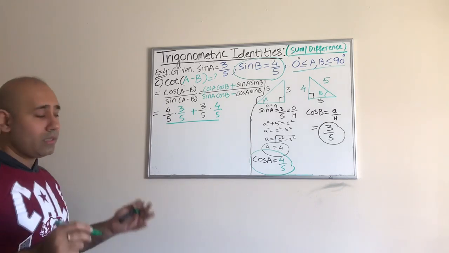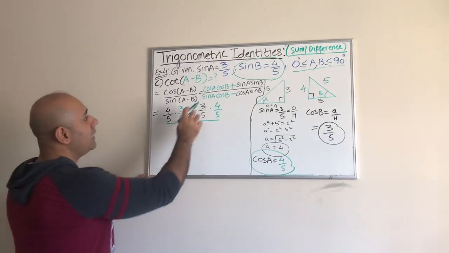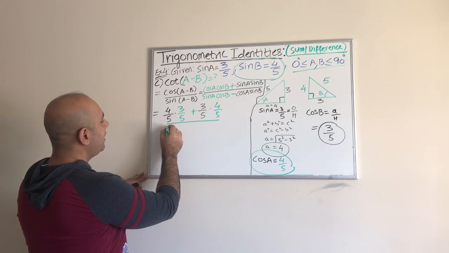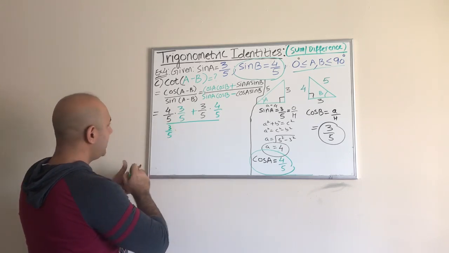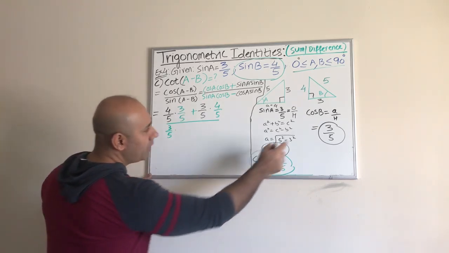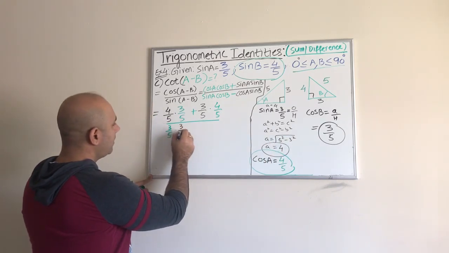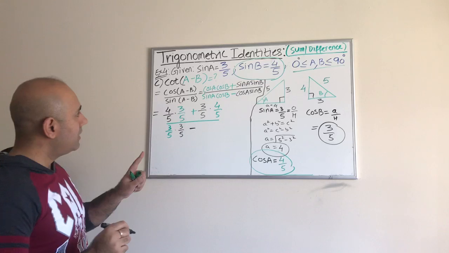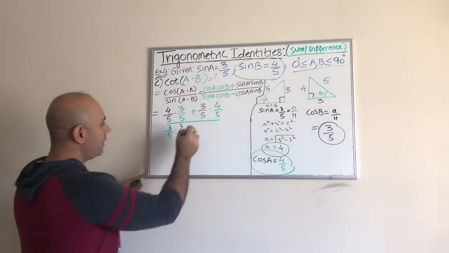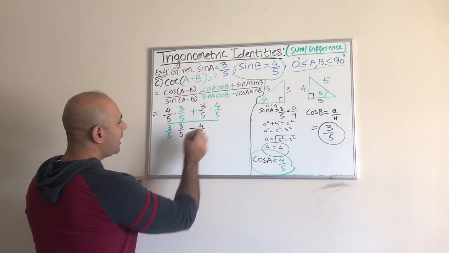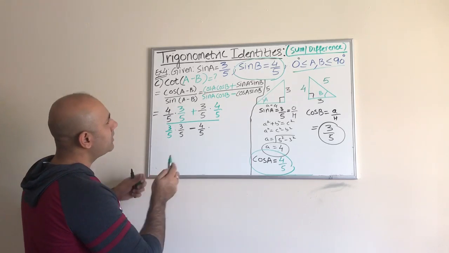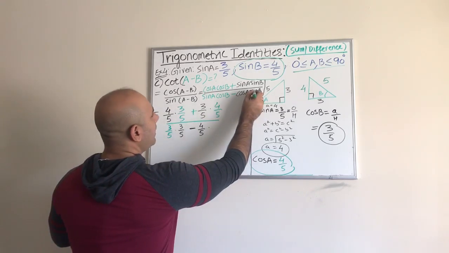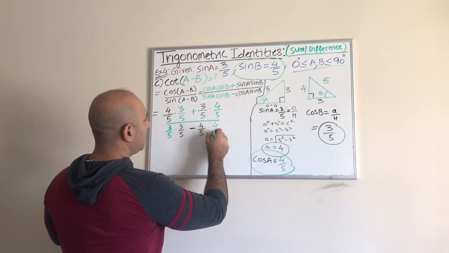Okay, they're all in as ratios, so we have to leave them like that. Then sine A, cosine B. Sine A is 3/5 times cosine B, which is also 3/5. And then there is a minus here, so don't forget the minus: cosine A, which is 4/5, times sine B, which is 4/5 as well.